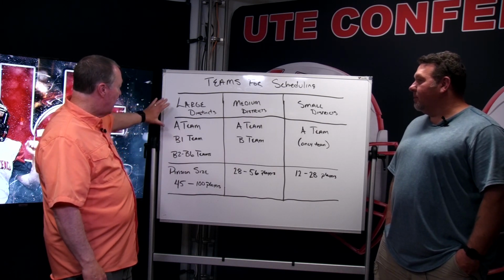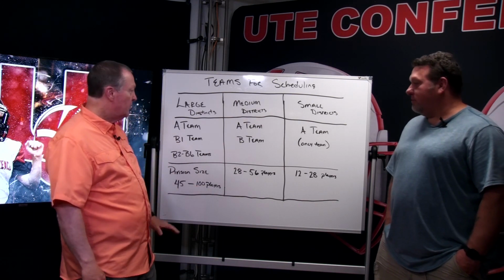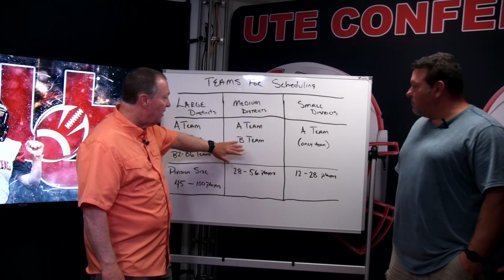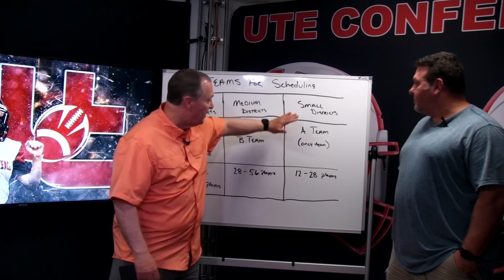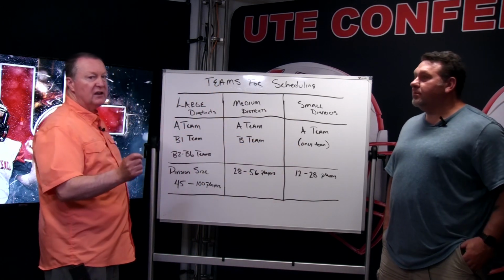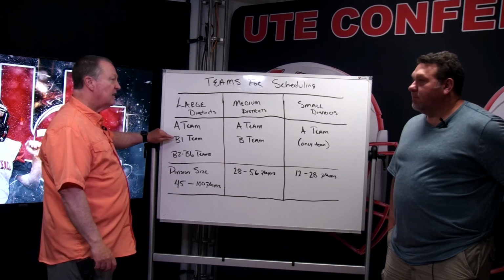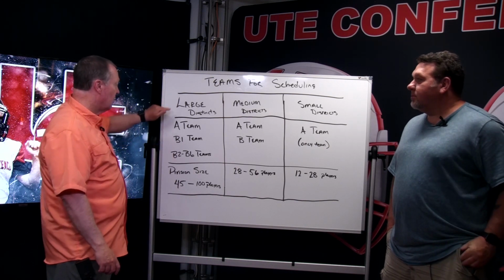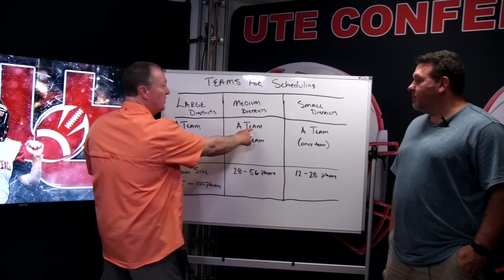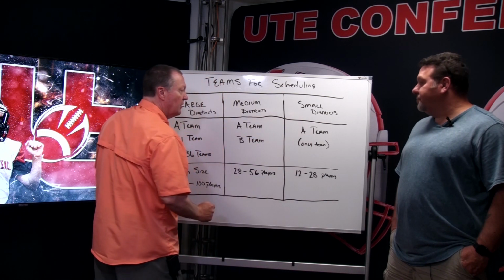Large districts can have multiple teams. They have this many players to choose from. Medium districts have this many kids and may have an A or a B. And small districts, so a B1 team. I contend that the second 20 kids in a large district should be able to compete with the medium district's A team and definitely compete with the small district's A team.